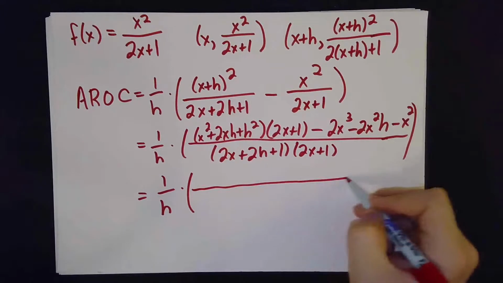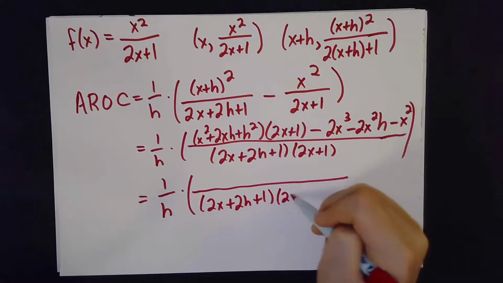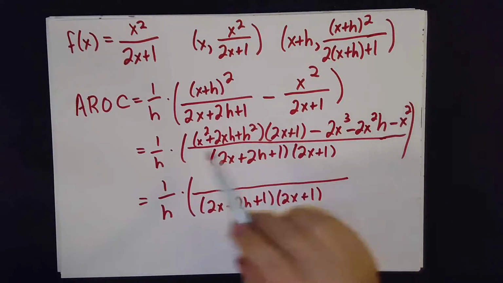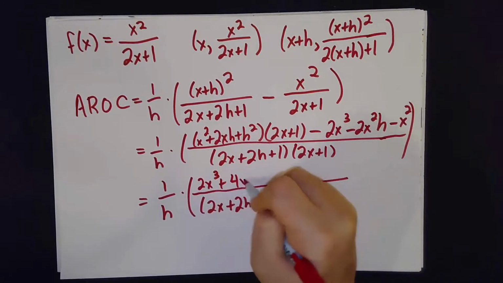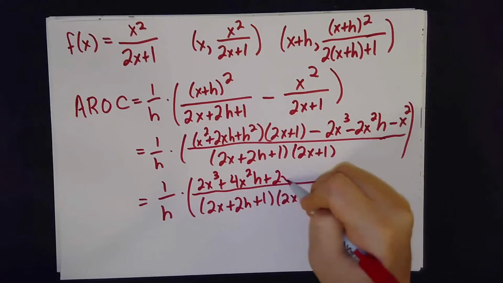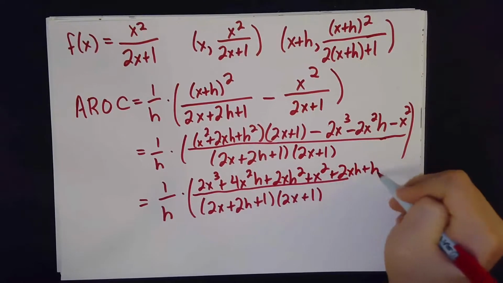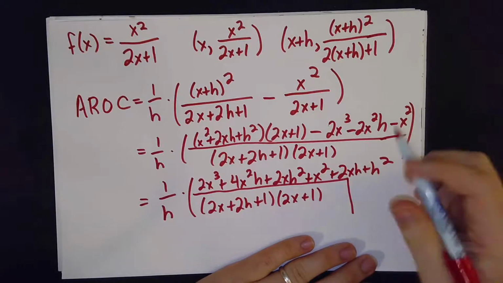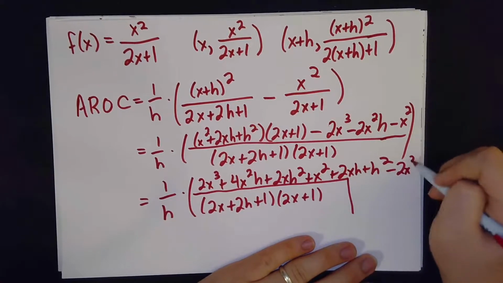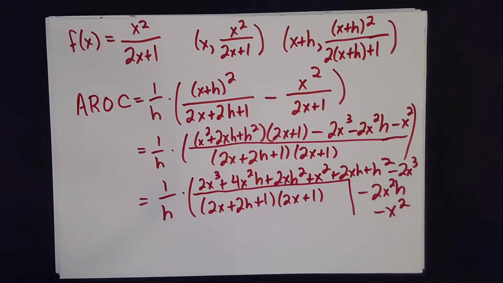So when I multiply it out, it's going to be 2x cubed plus 4x squared h plus 2xh squared plus x squared plus 2xh plus h squared. And I'm going to just extend this numerator over down here. Minus 2x cubed minus 2x squared h minus x squared. Close parenthesis.